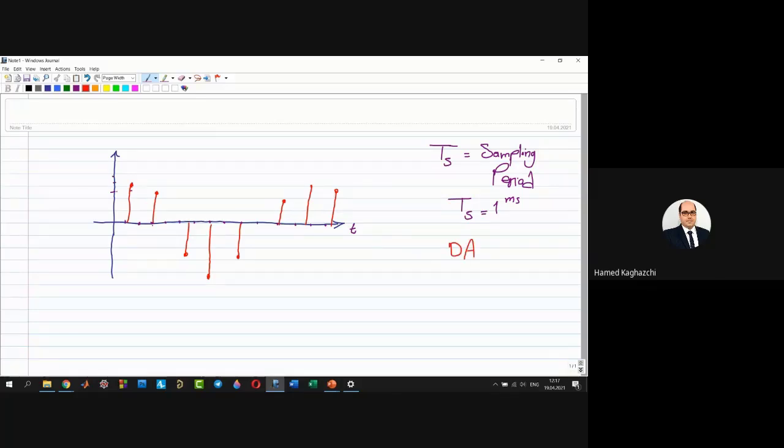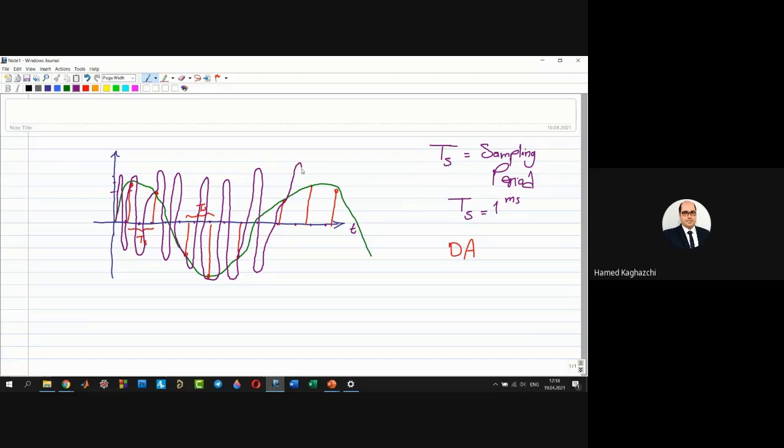Look at here. If my Ts is like that, and when I want to convert this signal to analog, look at here. This signal can also be my analog signal. This signal can also be.